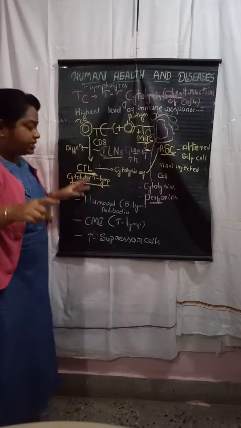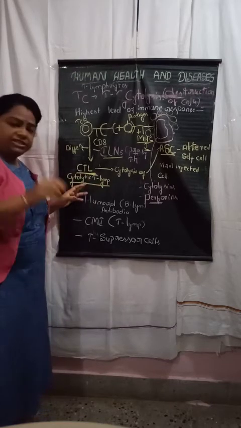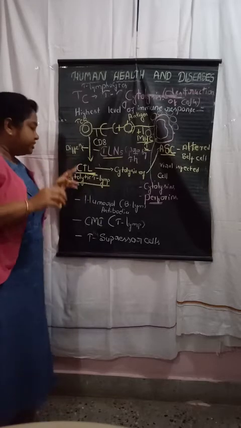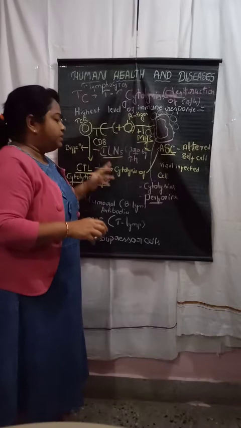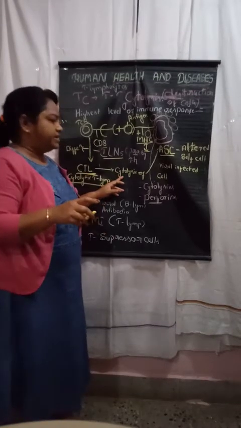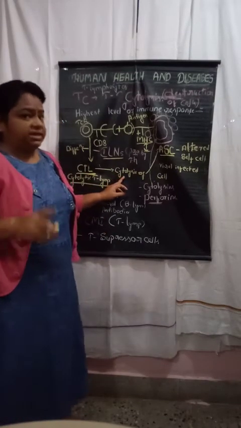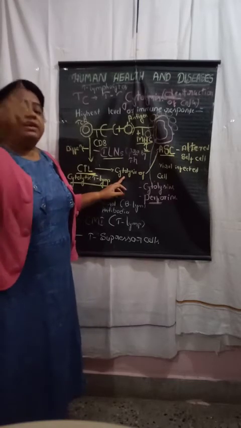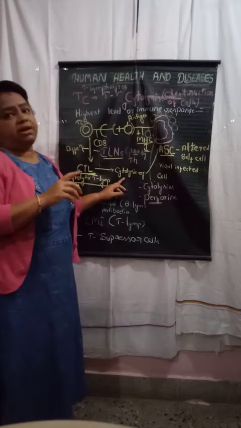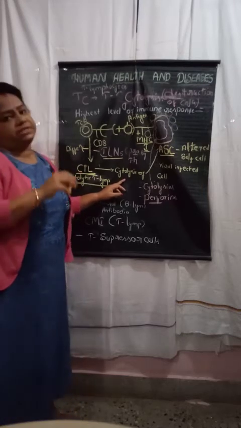So what is the function of these cytolytic T lymphocytes now? They undergo a process which we will call cytolysis. I already told you what cytolysis is. That is the destruction of the cells, or the breakdown of the cells.